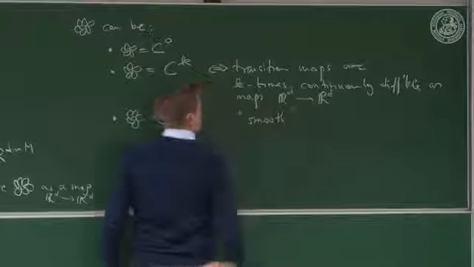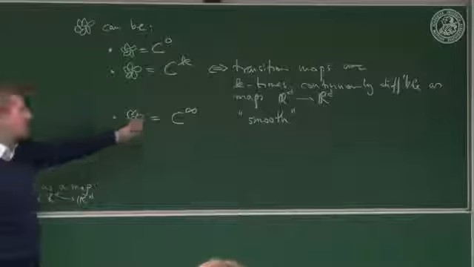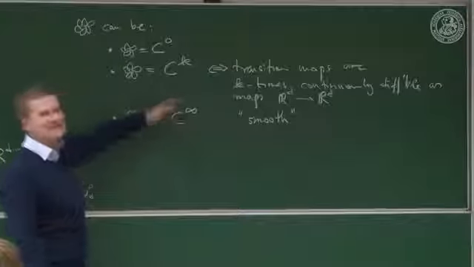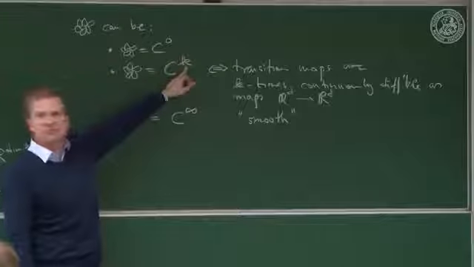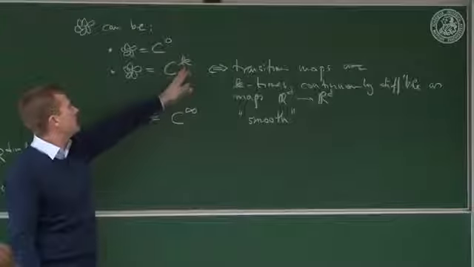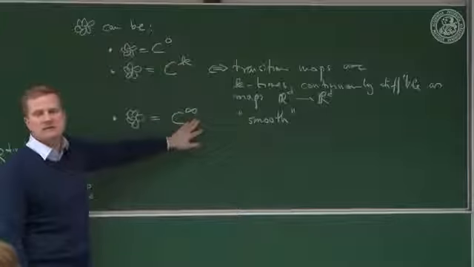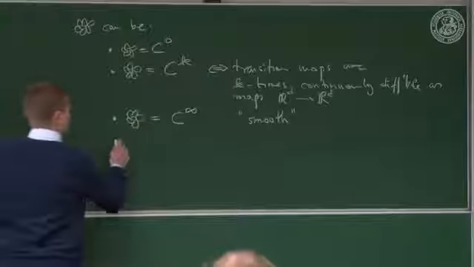They're called smooth. And I'll argue in a second, after we define a few more things, that essentially, if k is not 0, if k is at least 1, then we don't need to make a big difference between Ck and C infinity. We'll come to that in a second.